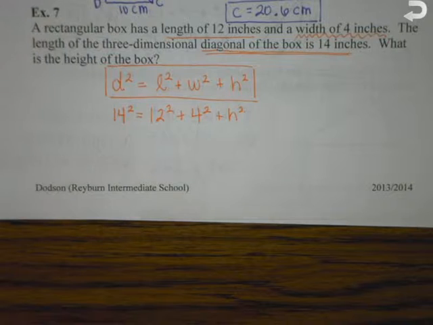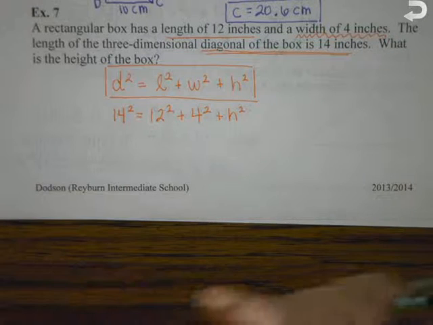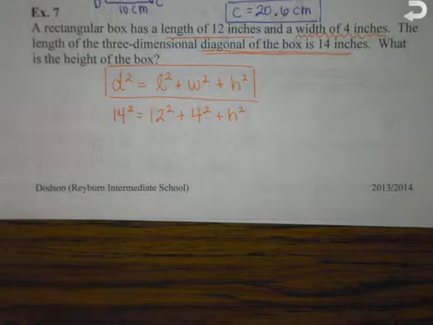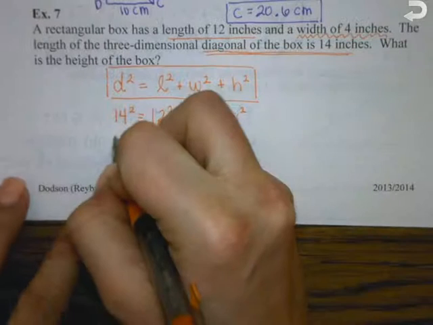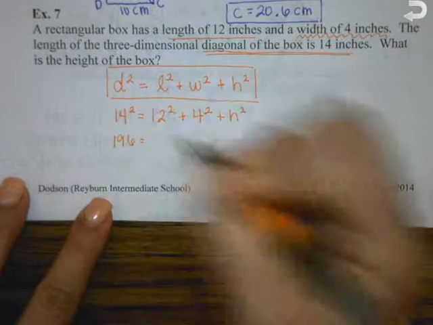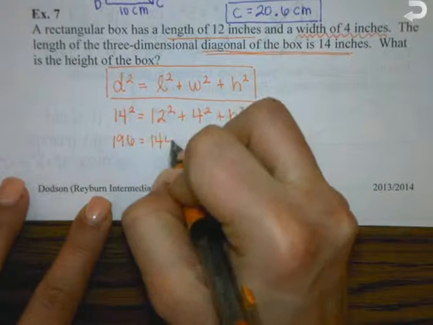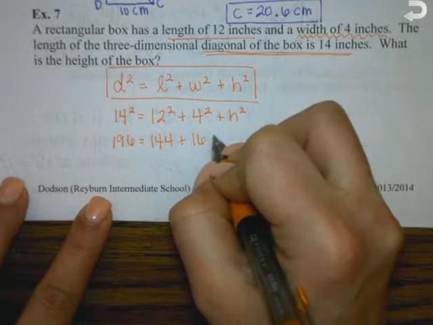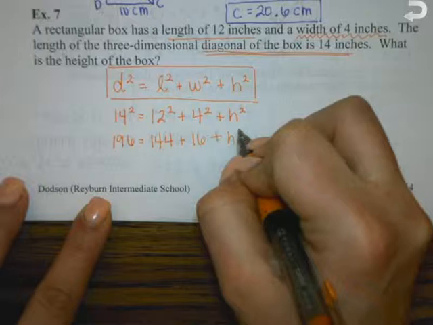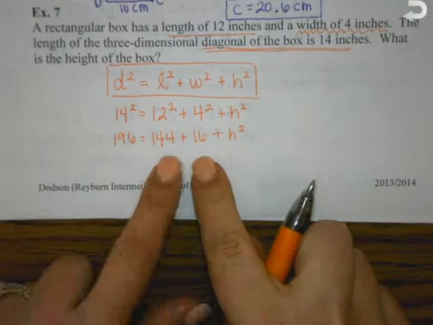All right, so do all of the math. Find me 14 squared, find me 12 squared, and find me 4 squared. All right, guys, what's 14 squared? 196 equals 144 plus 16 plus H squared. Okay, do 144 plus 16.